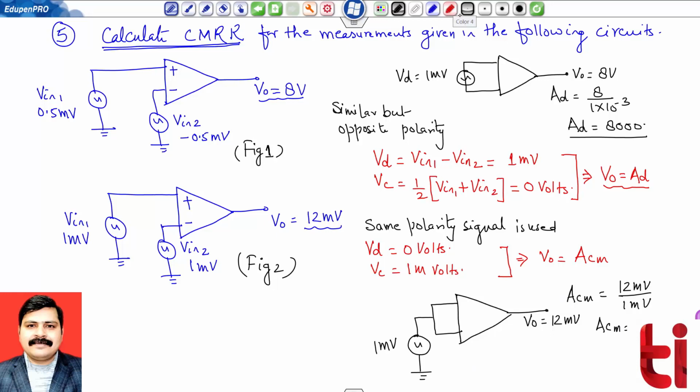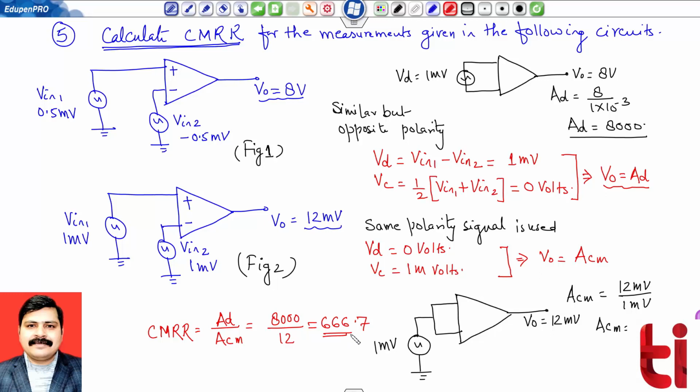If you recall now the formula of CMRR, my CMRR equals AD upon ACM. I have the measurements. AD is 8000, ACM is 12. So by solving this, I have the result 666.7.